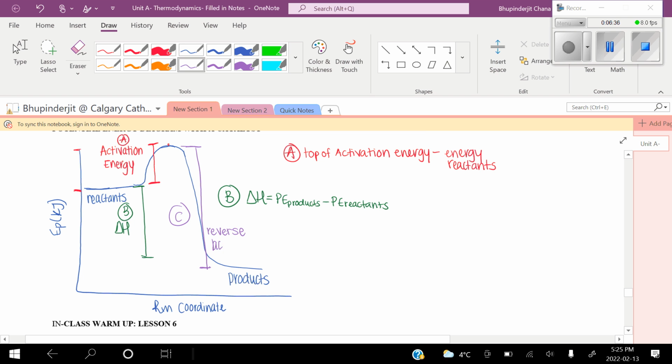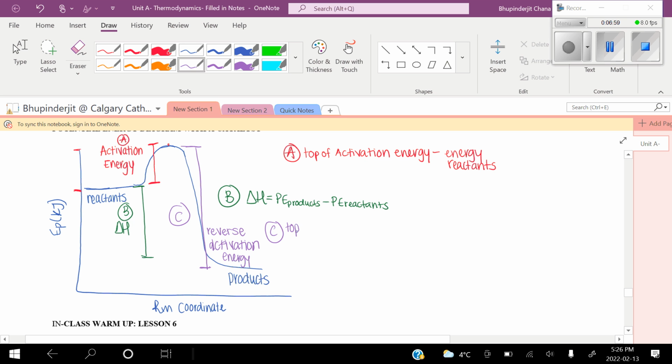So let's say if we wanted to do this reaction the other way, and they ask you what is the reverse activation energy, or what is the activation energy if the reaction was reversed, well, that would be from the products to the top of the activation energy.